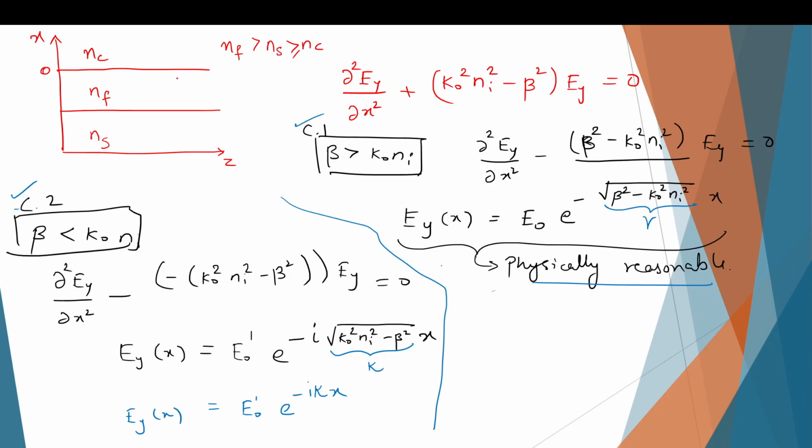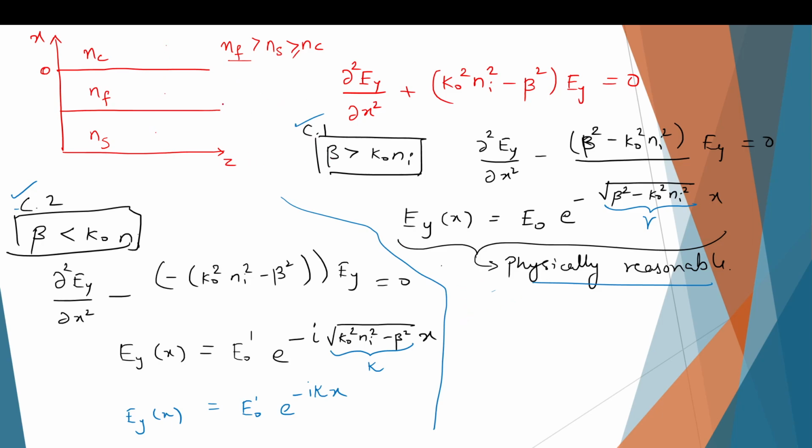Right. So my refractive indices are like this, right? The film refractive index is highest, followed by the substrate, followed by the top cladding. Exactly. So if my beta is greater than k naught times nf, then that will mean that beta is greater than k naught ni for all the three cases, right?